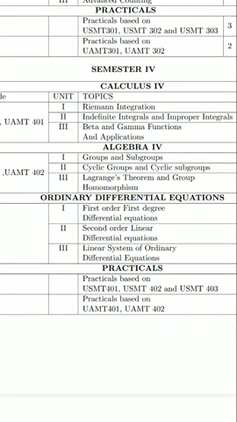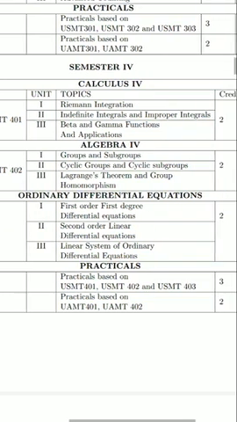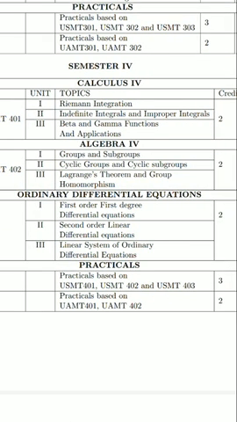First is calculus 4, second is algebra 4, and third paper is ordinary differential equations. After that we have a fourth paper, the practical, and it is based on these 3 papers: calculus third, calculus 4, algebra 4, and ordinary differential equations.